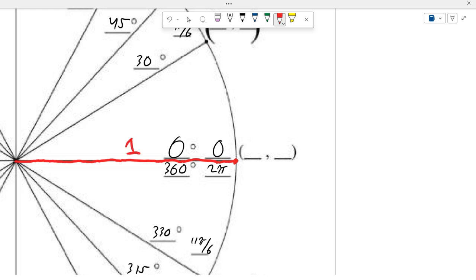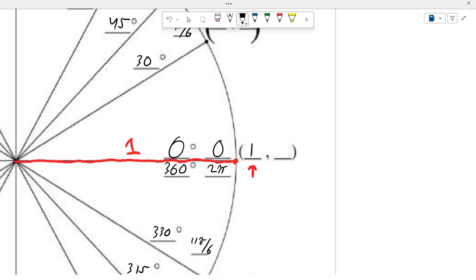So that length is 1. This value is my x coordinate. So that has to be 1. Because the radius is 1, and I just went straight to the right. Okay, that's a straight line. That's a horizontal line. So that x coordinate has to be 1.